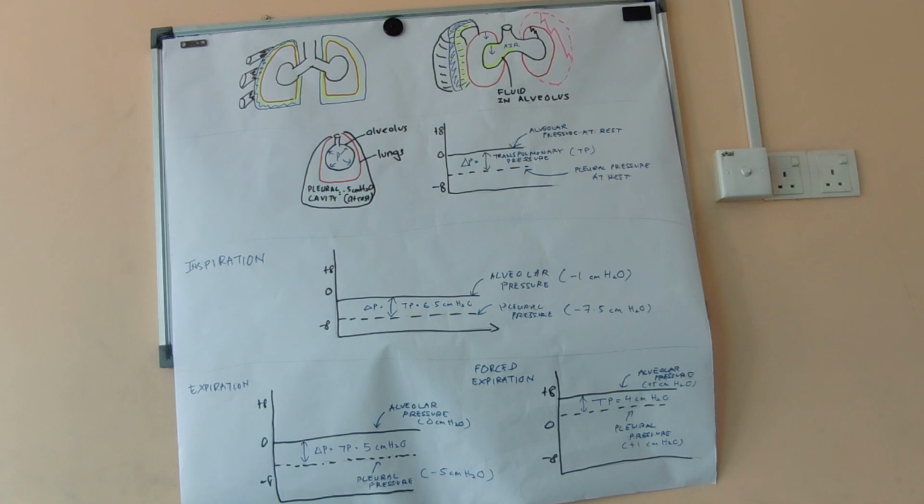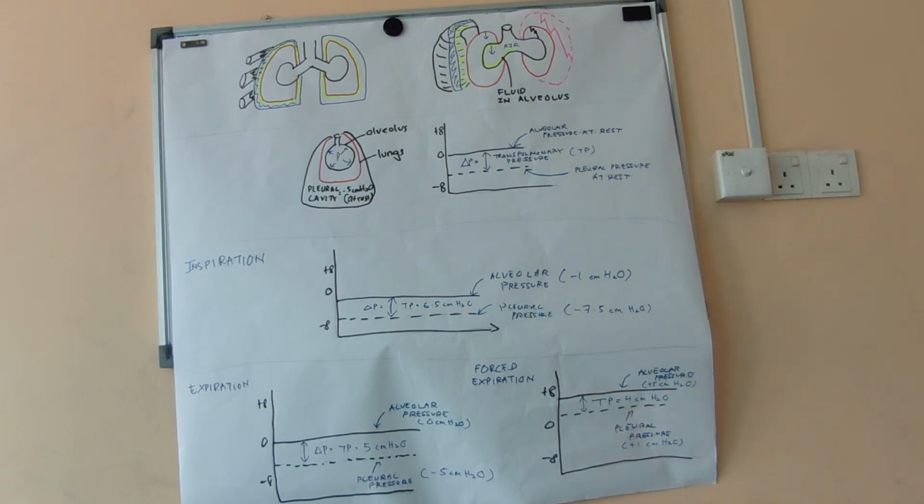So what happens when you are expiring forcefully? When there is a forced exhalation, the alveolar pressure will not stay at 0 cm H2O anymore. You will start to go beyond that. Let's say here it is 5 cm H2O, and the pleural pressure will also start to increase, and it will become -1 cm H2O.